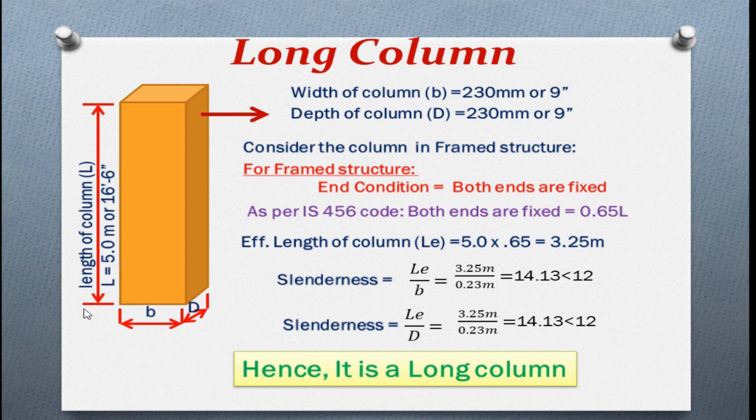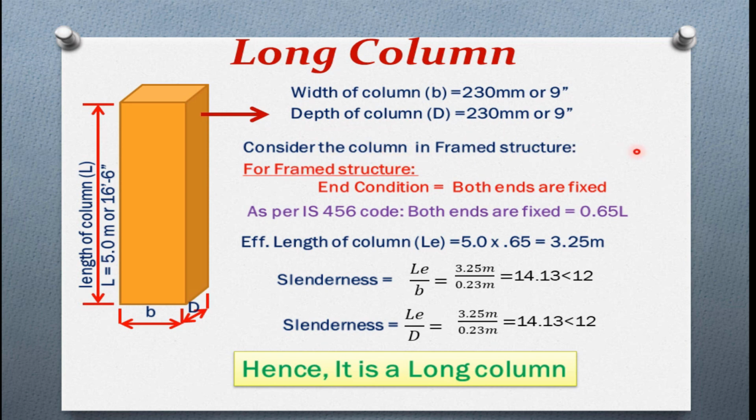You can see here the length of the column is 5 meter, or 16 feet 6 inches. B and D are the least lateral dimensions, width and depth. Here again the width of the column is 230 mm or 9 inch, and the depth of the column is 230 mm or 9 inch.